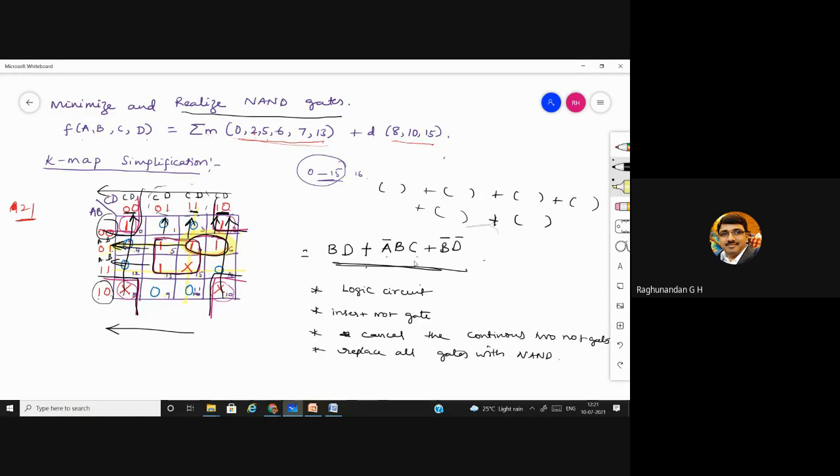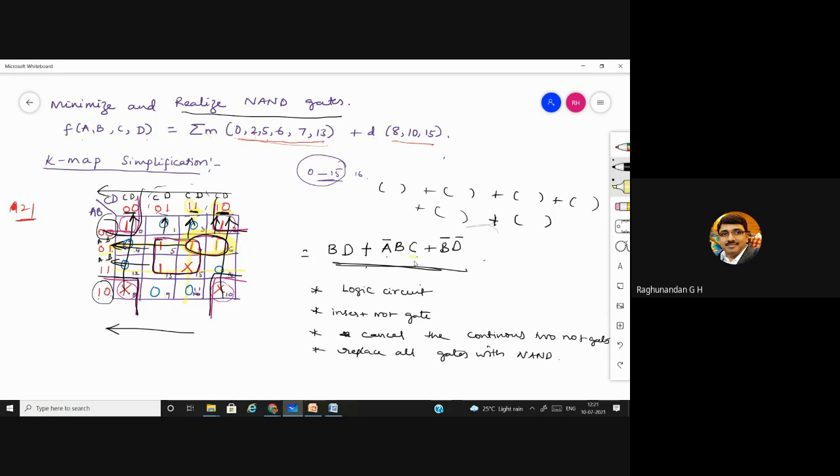That's why I have written A bar B. But when you look into the vertical columns, you are having two positions, because one is in one position, this one is in the other position. So we'll have two options. Among these, we are going to compare and take the common term out. Among these two, C is common. We cannot take D because D is 1 here, D is 0 here. So C is common, so we write C.